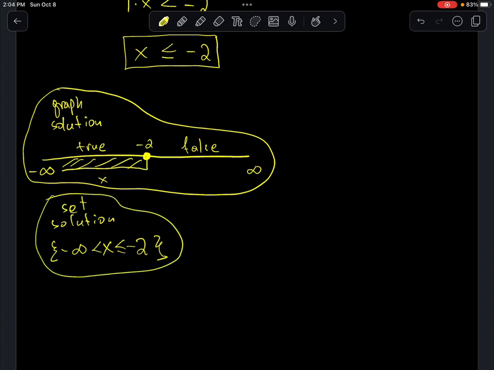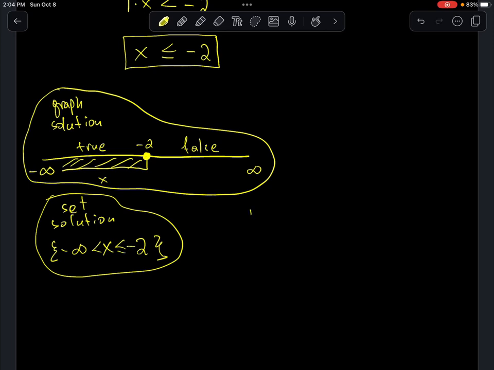Sometimes we can just write it as x less than or equal to negative 2. Since anything really is greater than negative infinity, that doesn't add new information, but it's good to have there anyway.